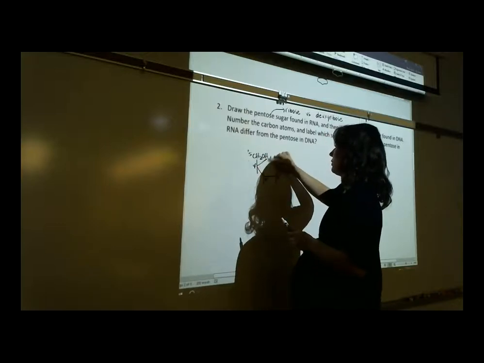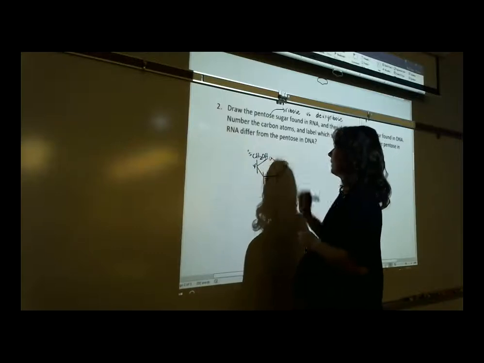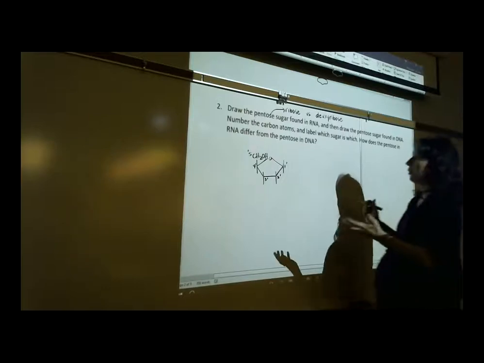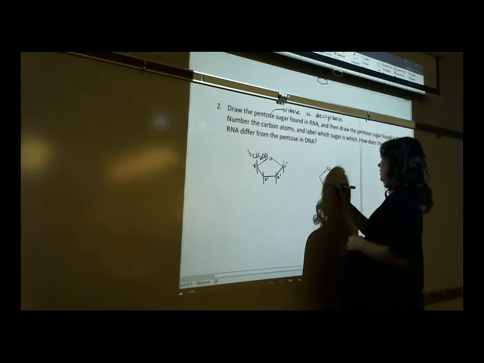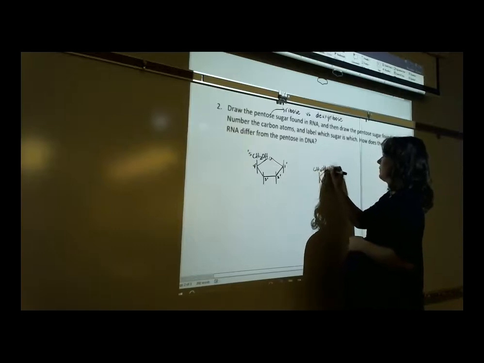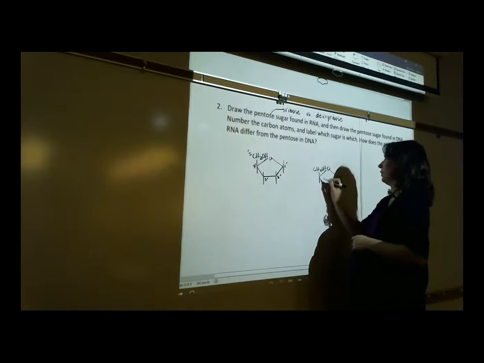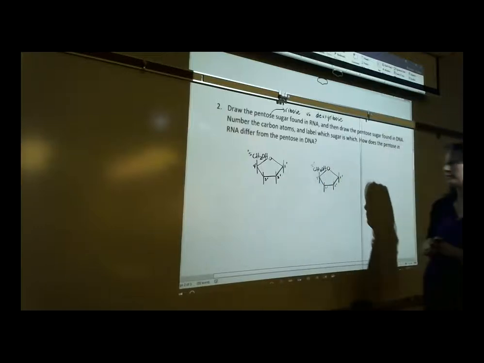Make my O a little bit smaller there. Okay. And so they're both 5-membered rings. They both look that same general structure. 1 prime, 2 prime, 3 prime, 4 prime, and 5 prime.